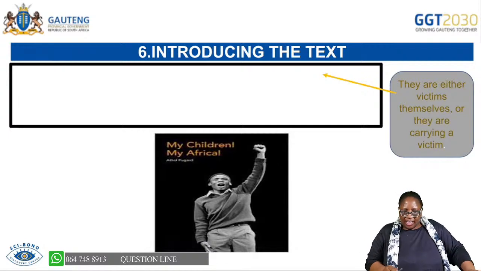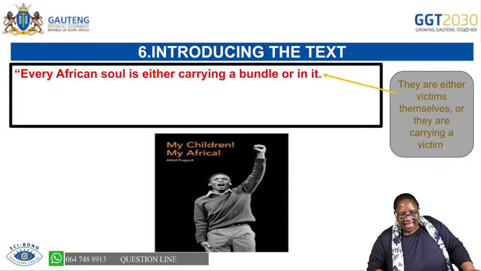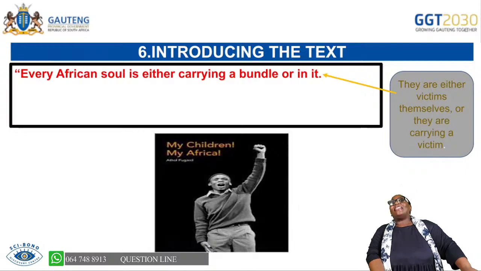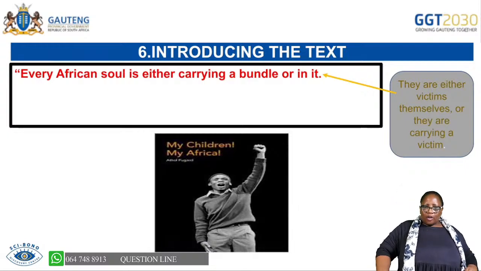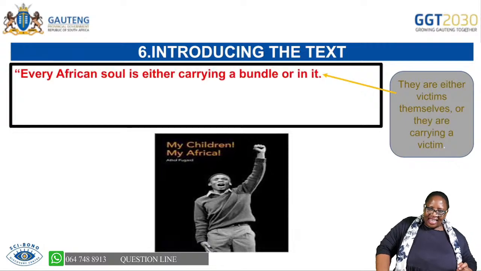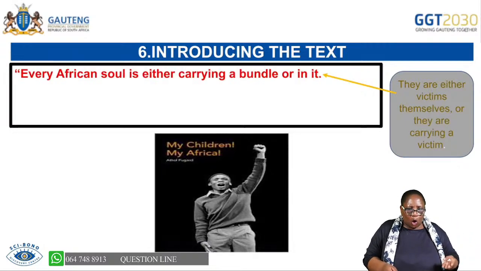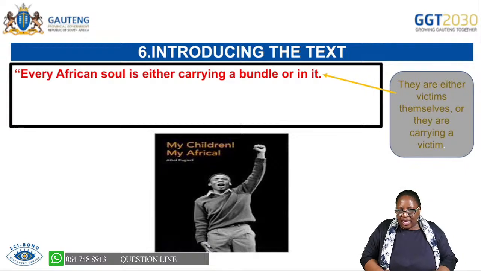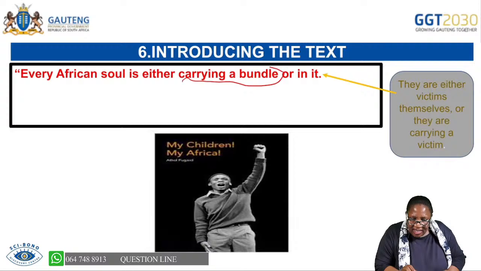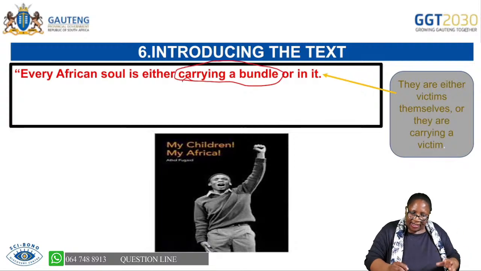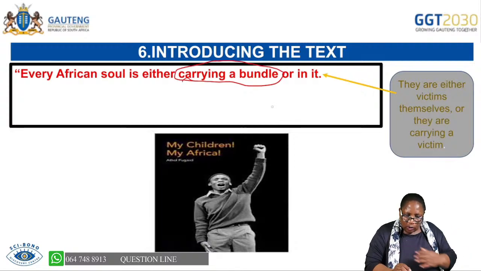And this is what Athol Fugard said with his words. He said, every African soul is either carrying a bundle or is in it. You either are carrying a bundle, to carry something on the head or in your heart.